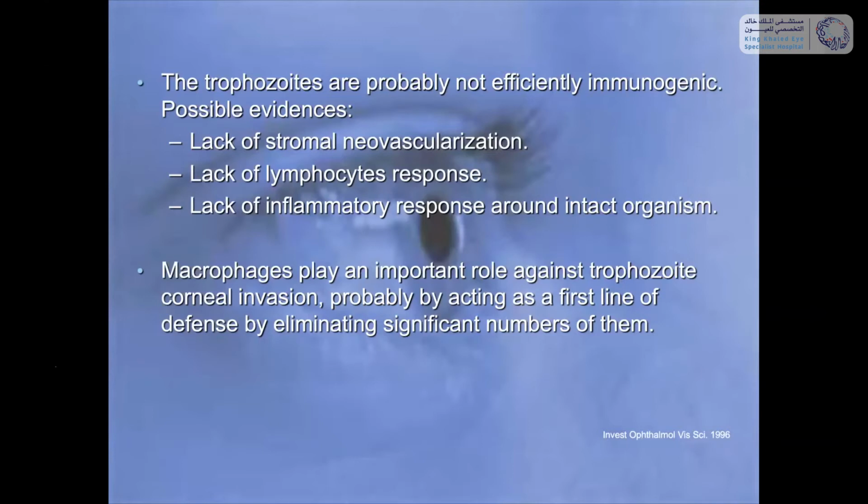So the main immune cell which usually deals with Acanthamoeba is macrophages. Macrophages act against the trophozoite, trying to be the first line of defense and eliminating the trophozoites.